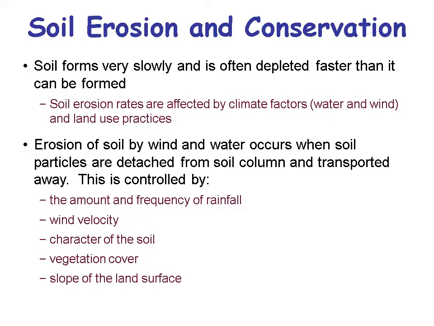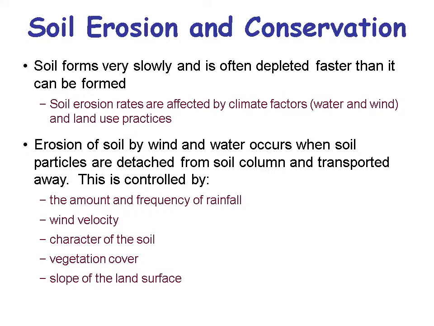It's very, very important to be careful how we manage our topsoil, because it can just blow away or be moved away quickly by water very fast. Well, soil particles are detached from the soil column and transported away by rainfall, by water velocity, in other words, how fast the water is moving the soil away.